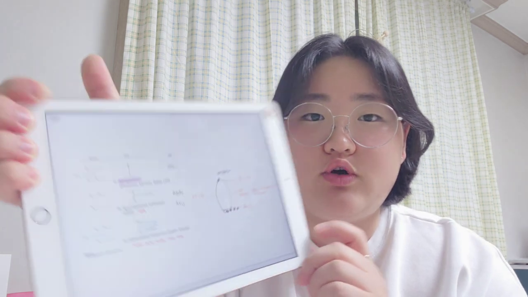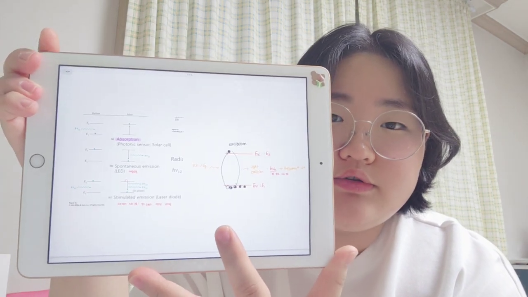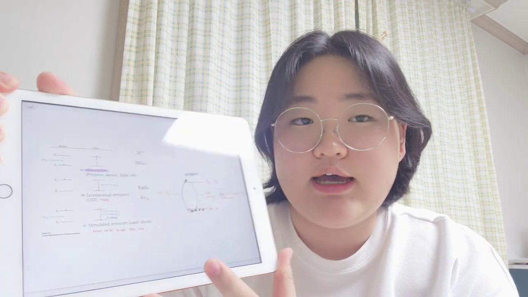As you learned before, when the electron absorbs some energy like light, the electron in the lower energy level goes up to the higher energy level.